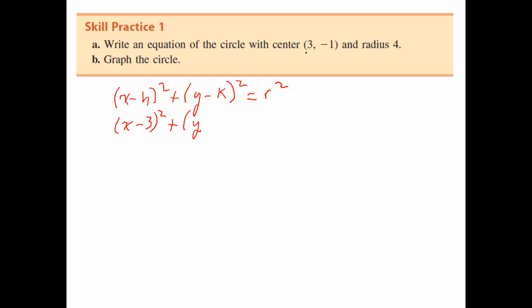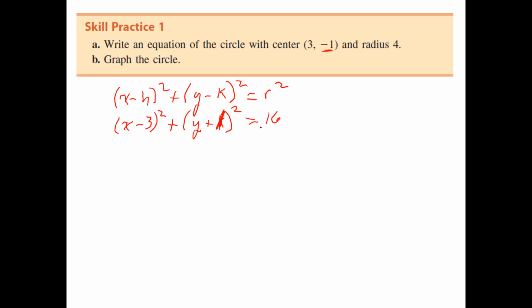That's a negative. So this is a negative right here. So we're going to have a positive k here, squared, and 4 squared. Oh, I need to put the 1 here. I'll just scribble that over as a 1. And then we have the 4 squared here, which is 16. So there is the equation of our circle.